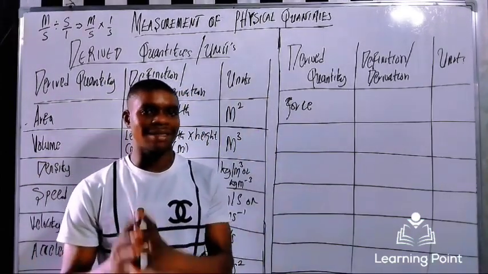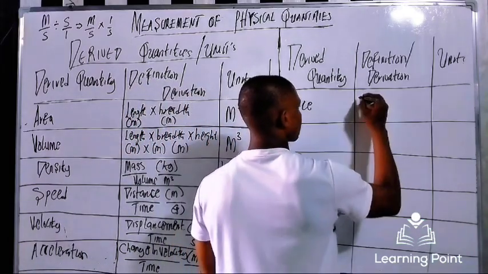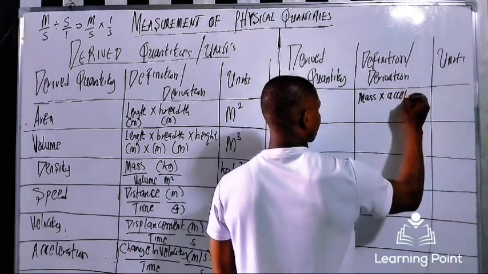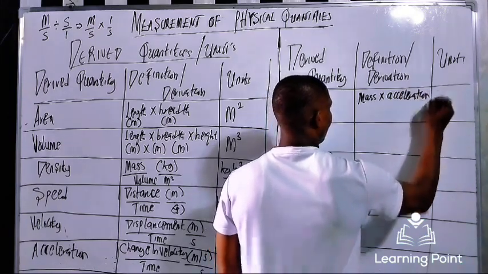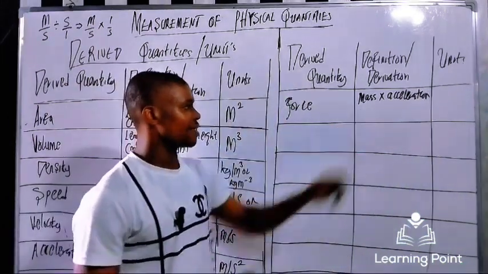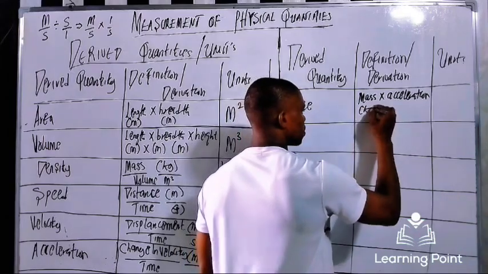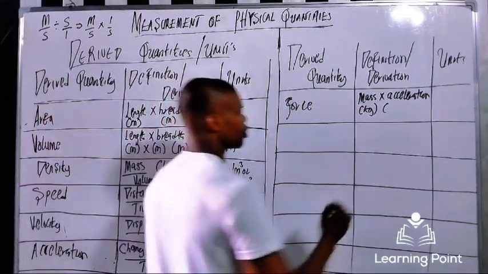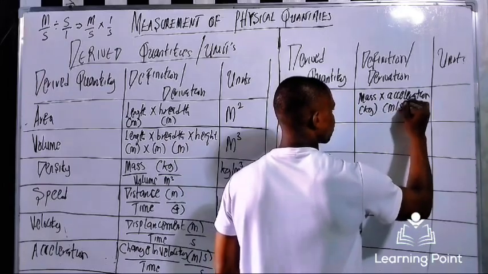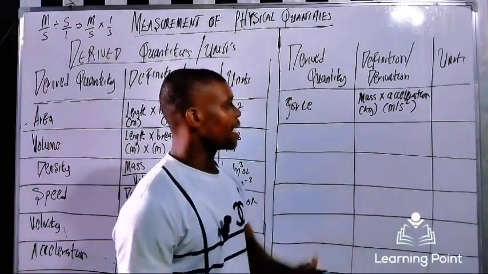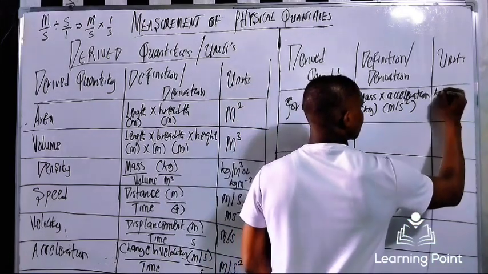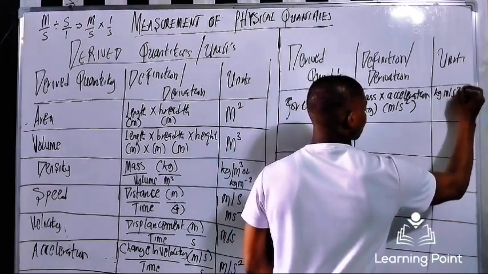Remember, the unit of mass is kg, then acceleration is meter per second square. If you combine it together, it's going to be kg meter per second square.